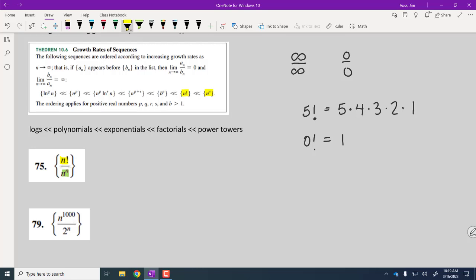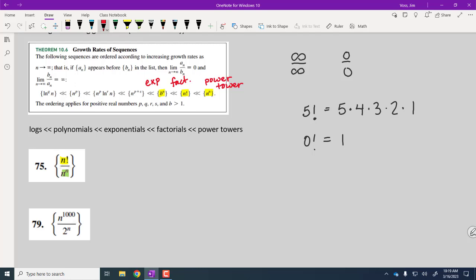So that's what these little double inequality symbols mean. It means that this one grows faster than that one grows faster than that one, etc. This one, that's our exponential function. So we have a power tower, that's the quickest. And then we have factorial. And then we have exponential.